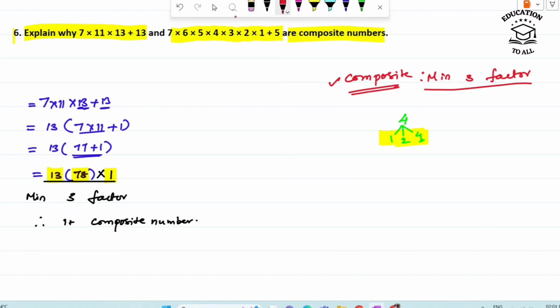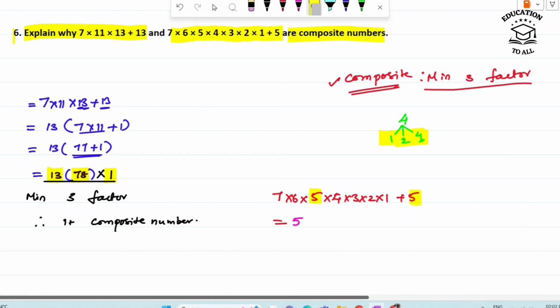Got it? Similarly, we try the second question as well. What is the second question? 7 into 6 into 5 into 4 into 3 into 2 into 1 plus 5. 5 is common in both, very carefully see. So I'll take 5 outside.